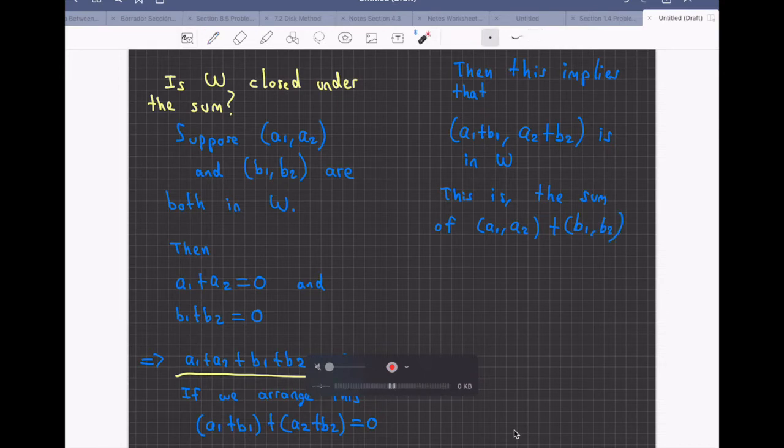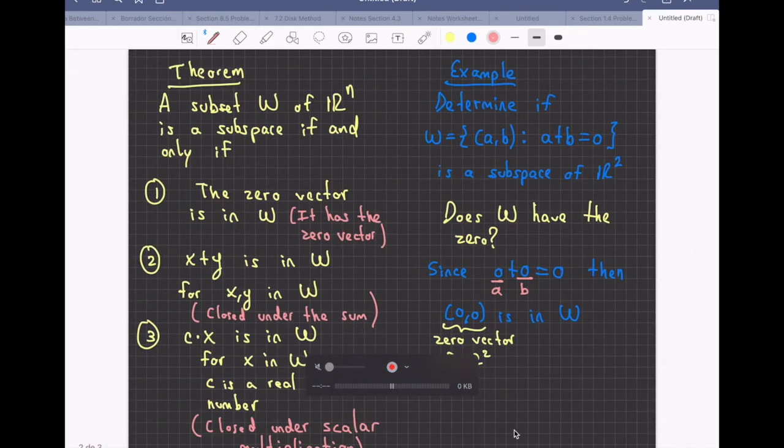This is only the sum of these two, right? Because remember, how do we do the sum in R2? The sum is made only the first element plus the first element, A1 plus B1, comma, and the second element plus the second element, A2 plus B2. So this is only the sum. This proves that the sum is in W. So it is closed under the sum. So it is true. Yes and yes. What is the last one?